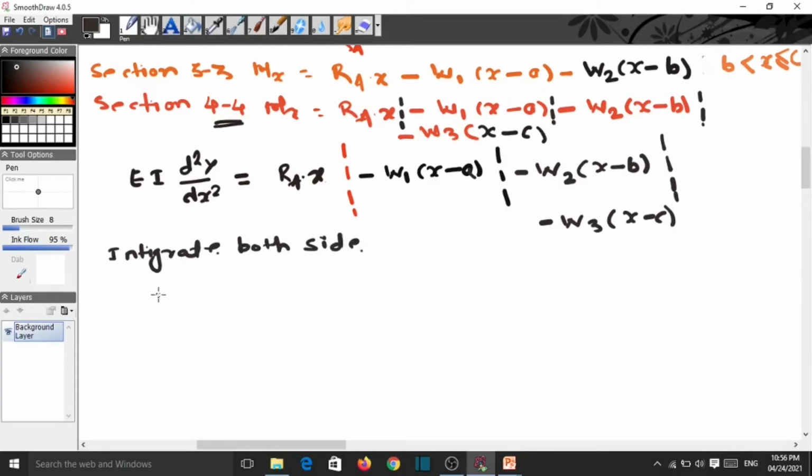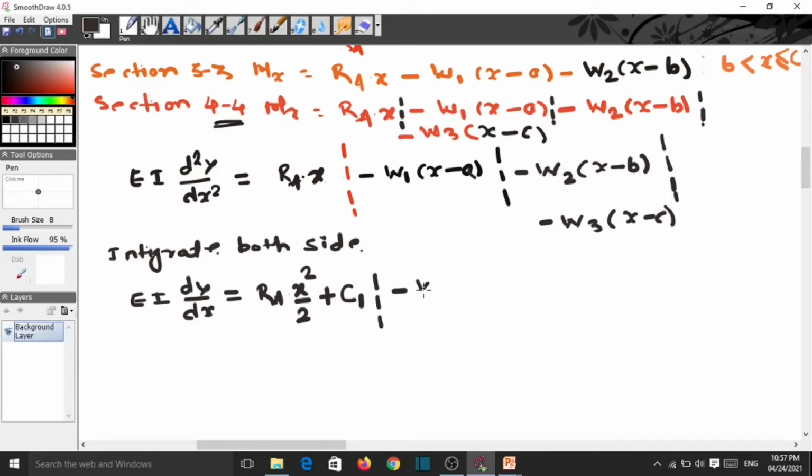So this becomes EI dy by dx is equal to R_A into X square by 2, and here we have to add one constant of integration. As per the key point we have seen, always add the constant of integration in the first section. So here add C1, which is a constant of integration.